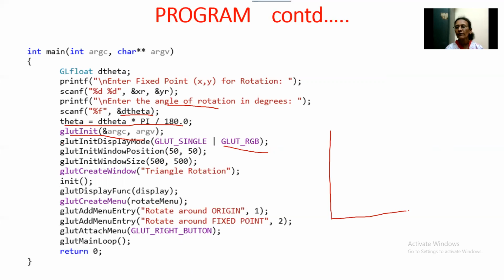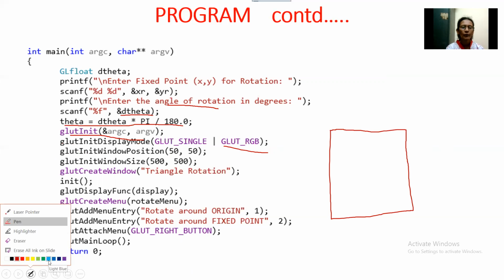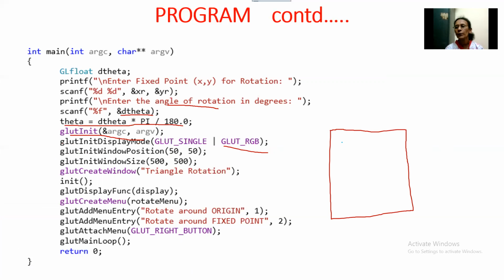When I have my window like this, (50, 50) is a point that will be here. So my window is of size 500 by 500, starting from 50, 50. So glutInitWindowSize 500 500. Now create window. It creates the window with the heading as triangle rotation.